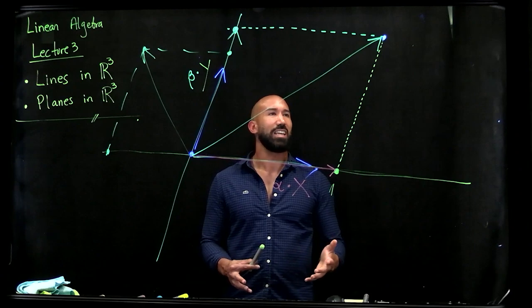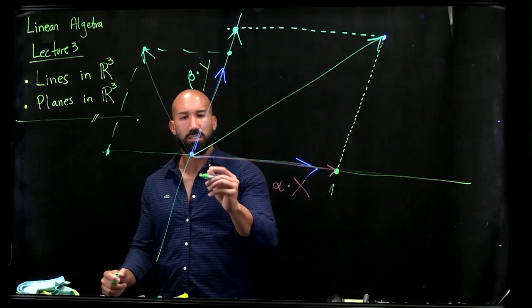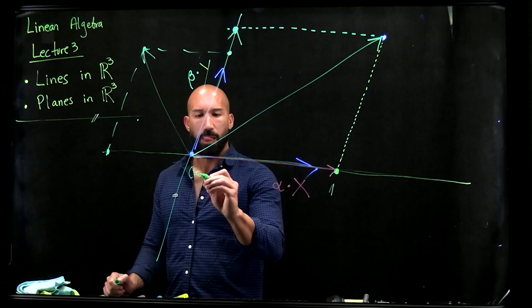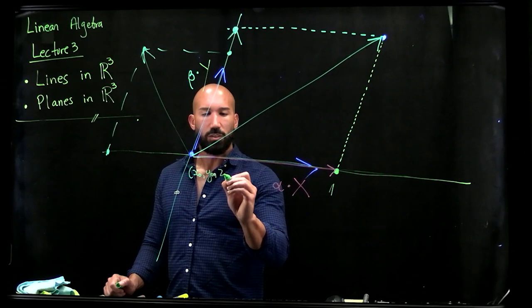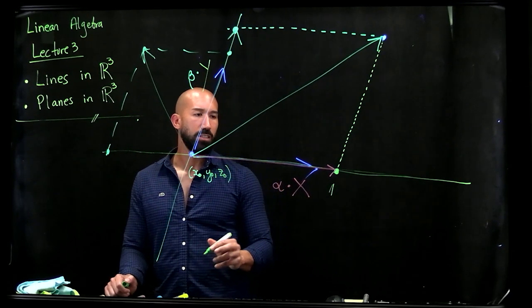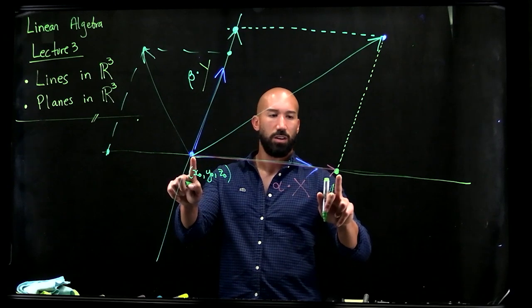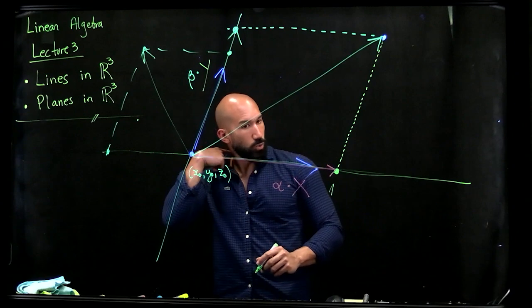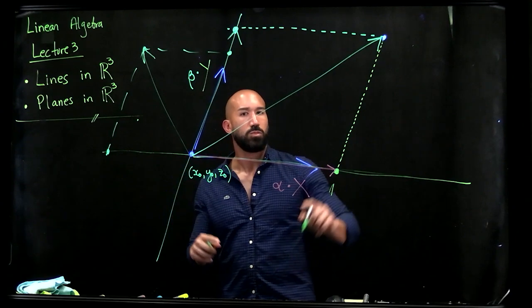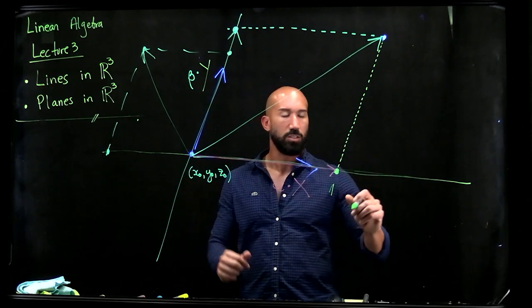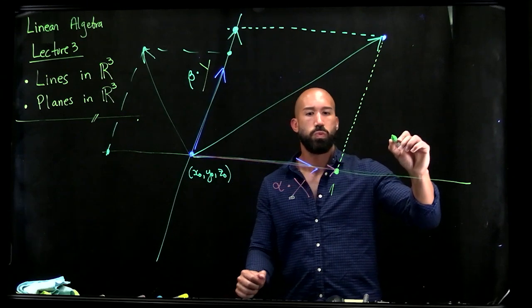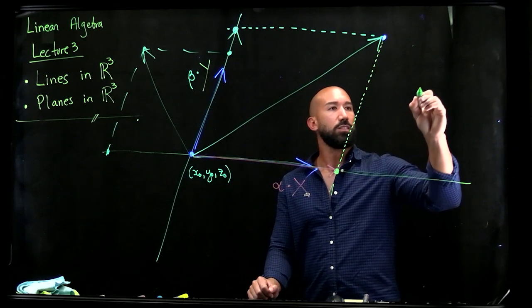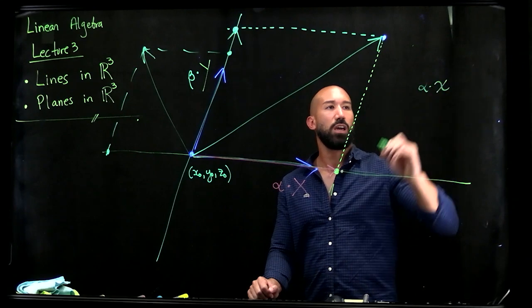So what is this telling us? If this is at x0, y0, z0, what this is telling us is this vector here is what? Well, this vector here is alpha times x.